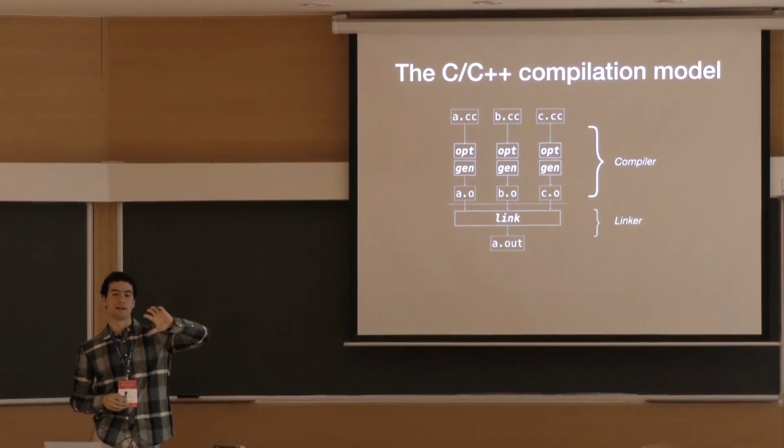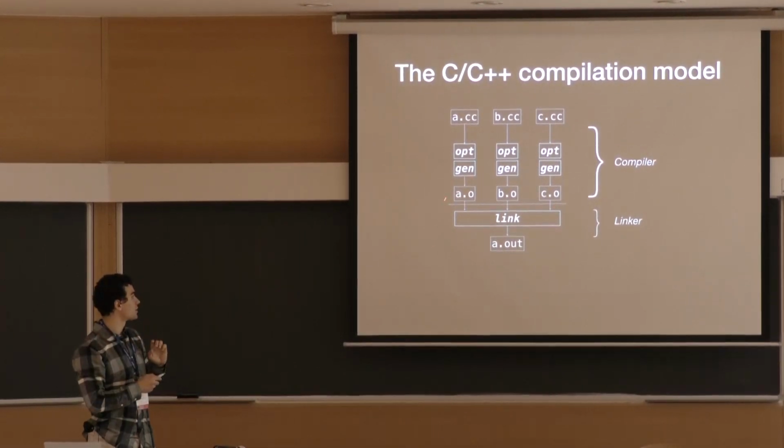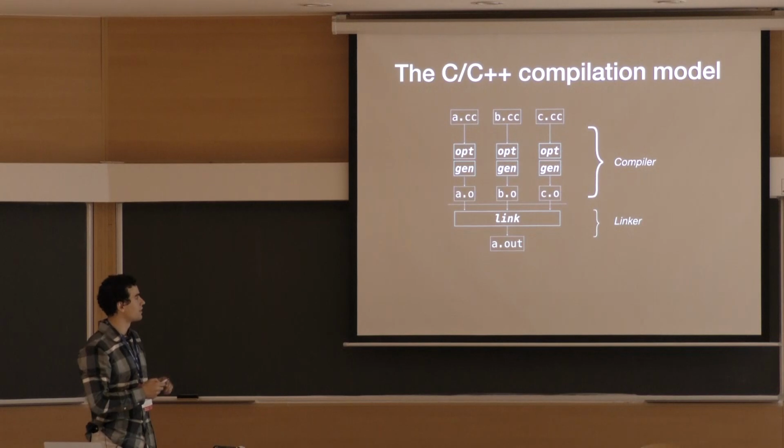For example, you can have a function A in this object file and a function B in this object file, and they might be calling each other, right? The linker makes sure that all of these dependencies between the object files match up correctly, then does a bunch of magic with the addressing stuff, and finally produces the final executable.